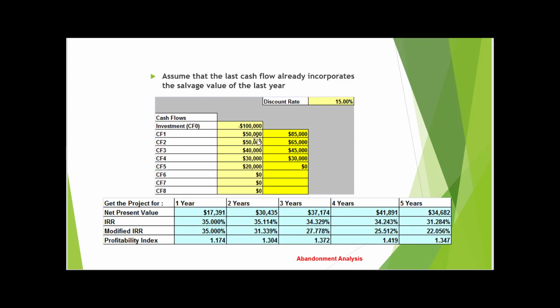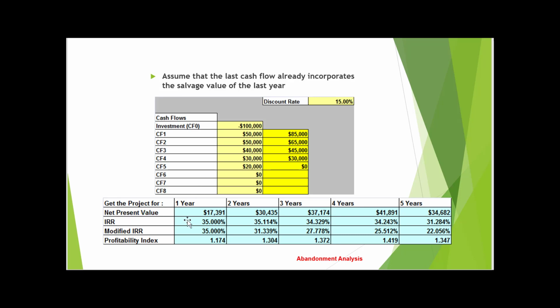So we have this project. This is project A from our beginning projects we talked about. And here we've estimated some salvage values each year. Now we're assuming that the salvage value in this last year is actually incorporated in this cash flow. So that's just a little quirk of this technique.